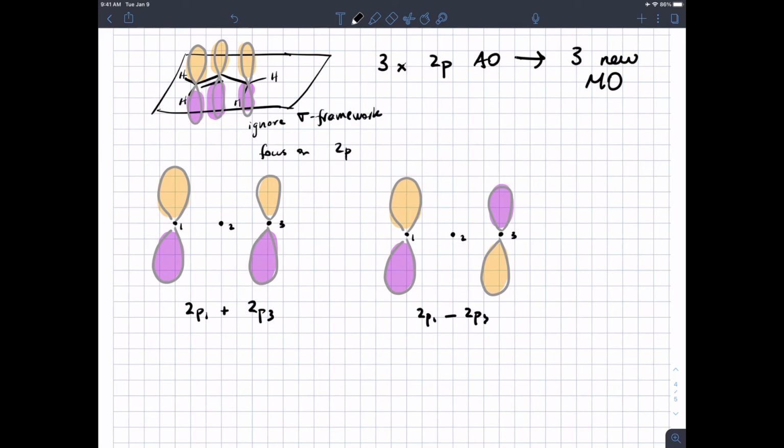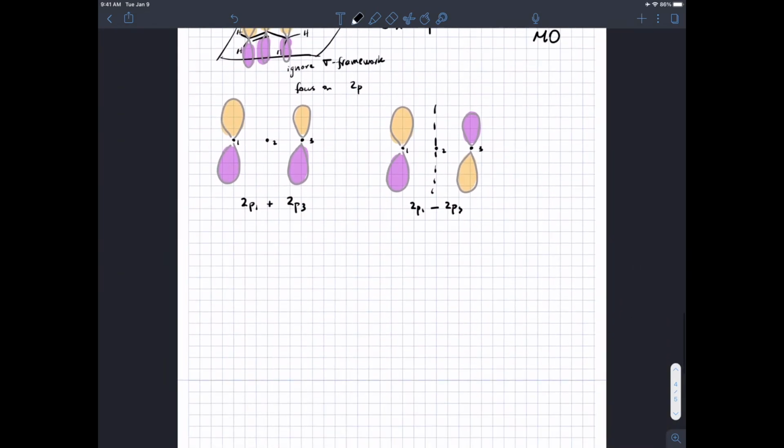And actually in this 2p1 minus 2p3 orbital, we have a node that coincides with atom number 2, which is kind of interesting. Up here, or on the other side, there's no node, but there's also no space where there's electron density in between the 2 atoms.